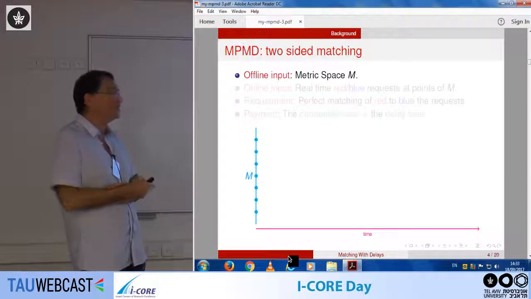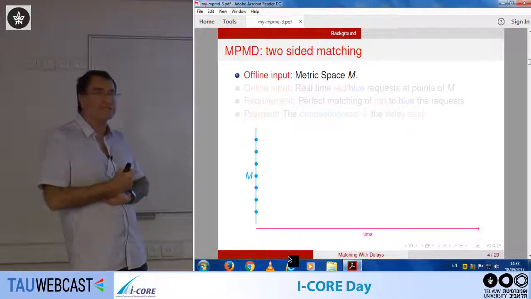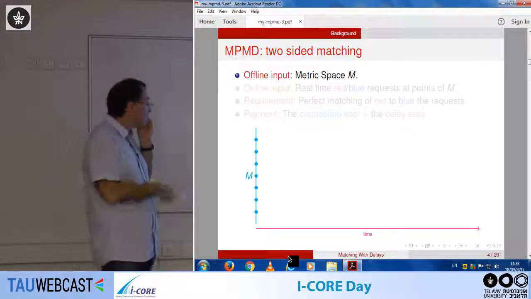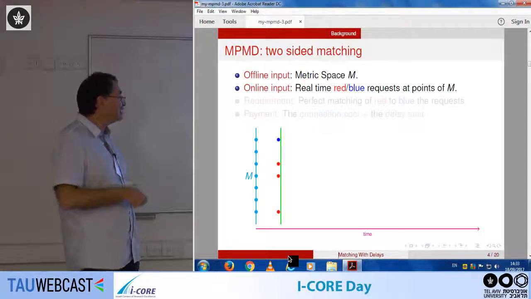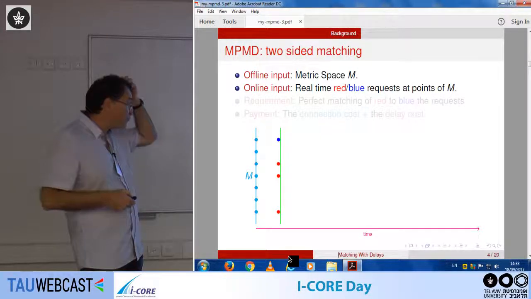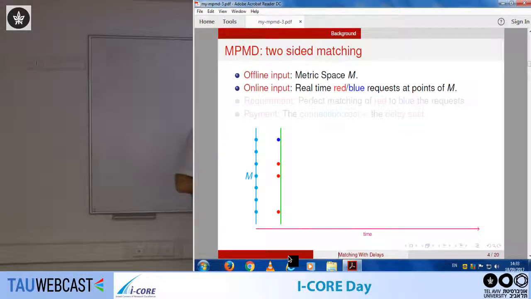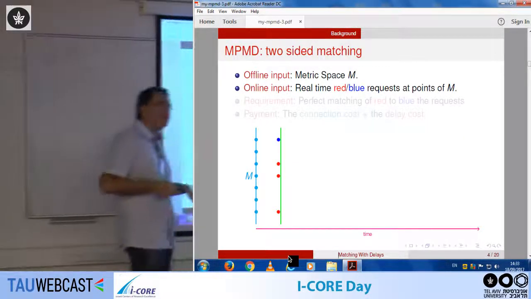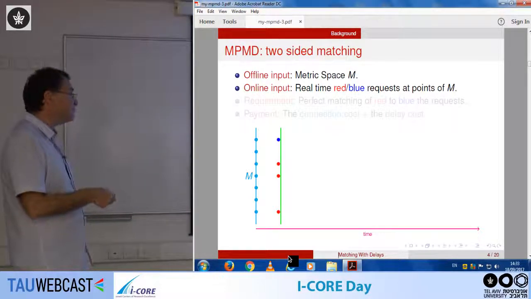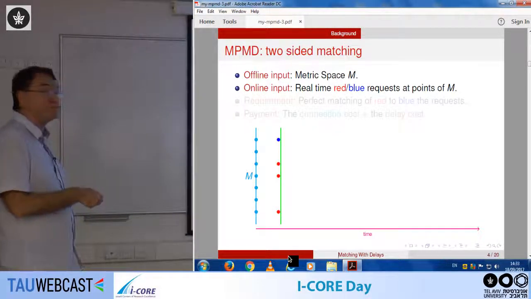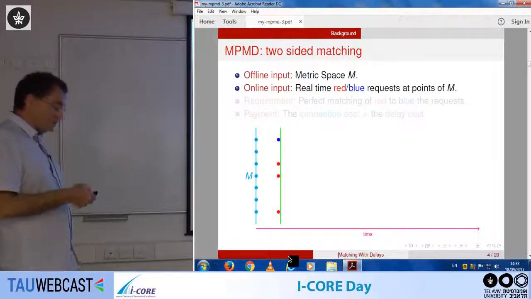And again, if I explain it in mathematical terms, I have a metric space, which is here. I have the time, which is here. Over time, I get requests, but now I have two types of requests. This is supposed to be red, and this is blue. And I get them over time. These are pretty close, but I cannot match them because they are both customers, or they are both drivers.